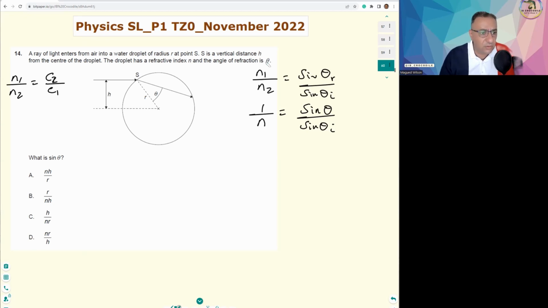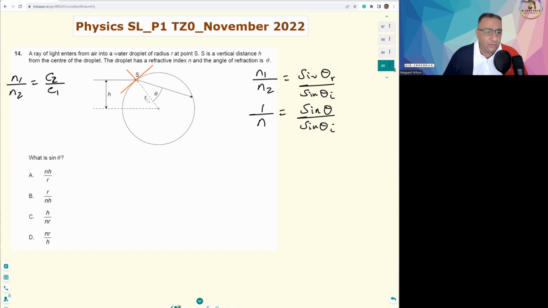Let me draw the tangent here. The normal is going to be that line, because here is the radius. From circle geometry, the radius is always perpendicular to the tangent at the point of contact, or the point of tangency.